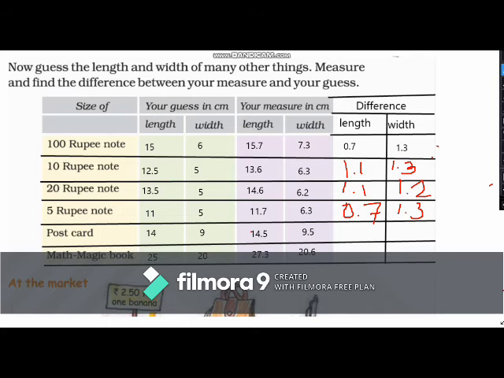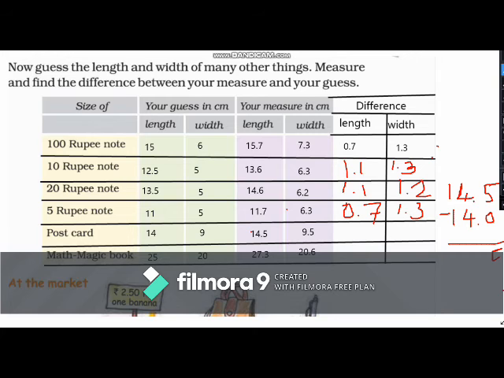So let us find out the difference. 14.5 minus 14.0.